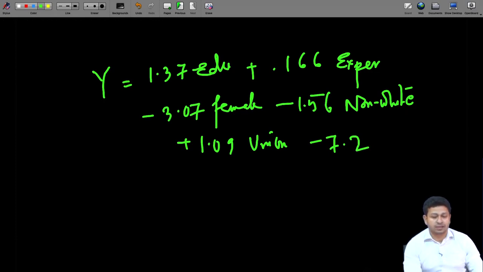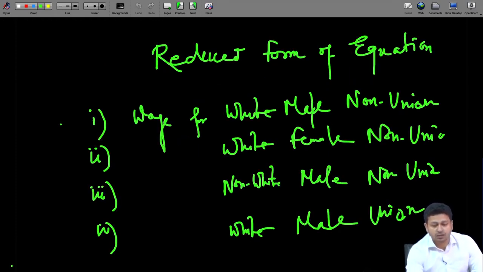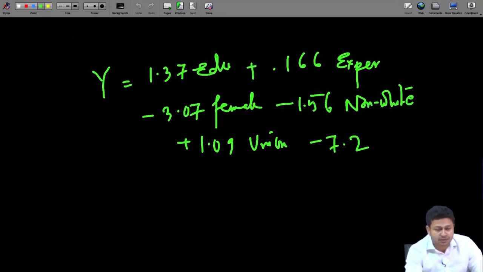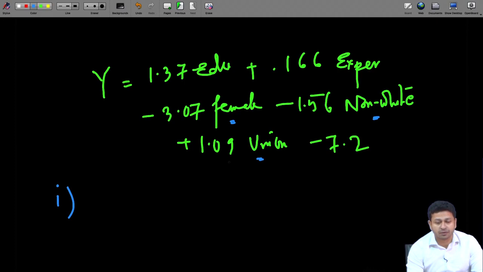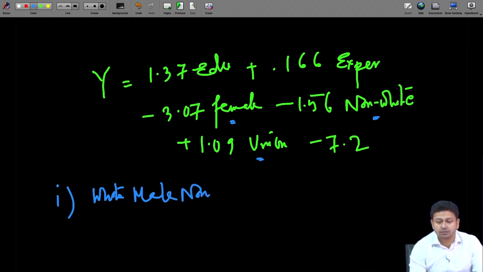Now let's go back to our first case. Our first case was that I want the wage for white male non-union. We'll use different colors, it's too boring to have one color. So for case 1, white male non-union: if it is white, non-white is equal to 0. If it is male, female is equal to 0. And if non-union, union is equal to 0.